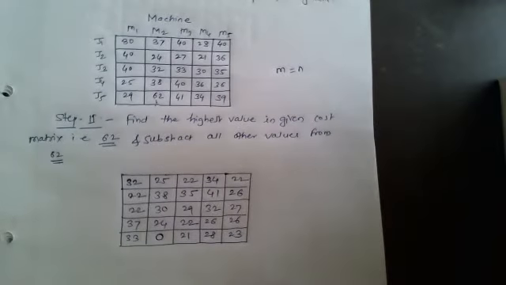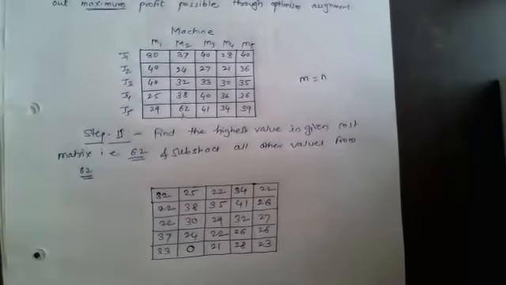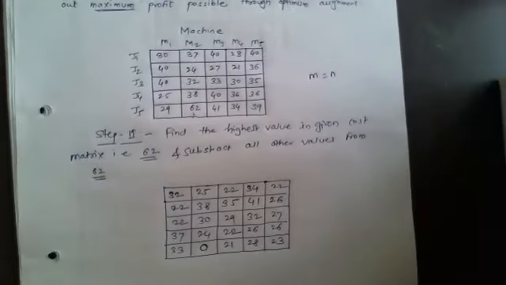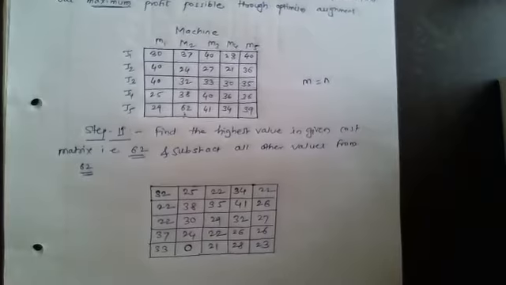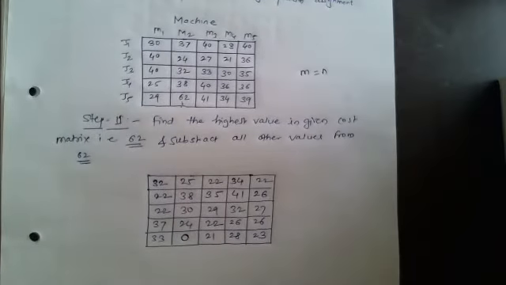Okay, got it? What is the first step? The first step, we have to check whether the given matrix is a square matrix or not. Here the given matrix is a square matrix. So what is the second step? The second step is nothing but we have to select the maximum value of a given cost matrix.